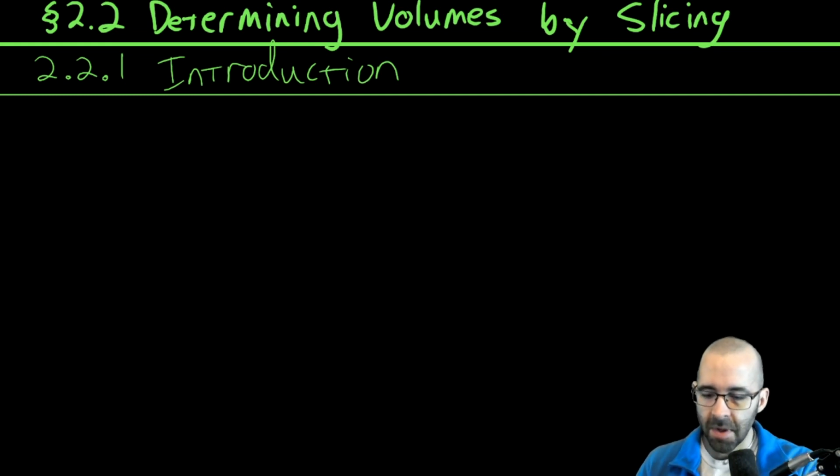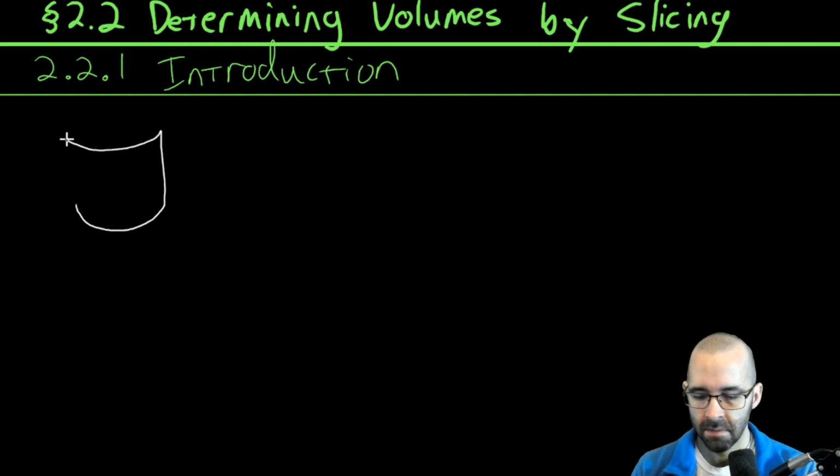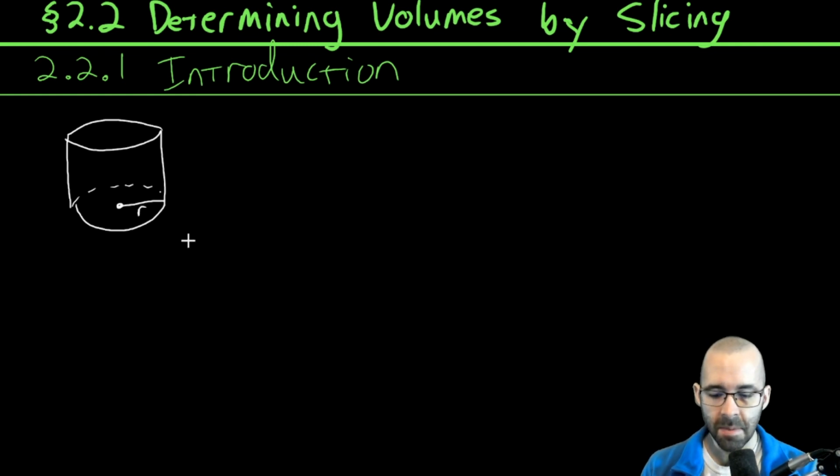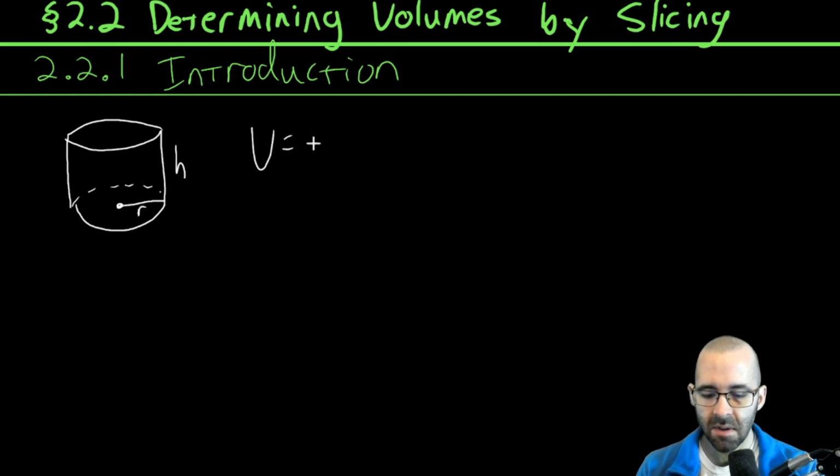So I want to start by just recalling something that you may or may not know about cylinders. Let's say I have a right cylinder, which means it's standing straight basically. The cylinder has a circular base with radius r and height h. Then we know the volume of the cylinder is just the area at the bottom times the height.